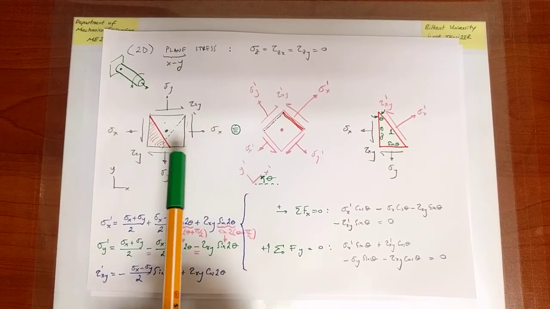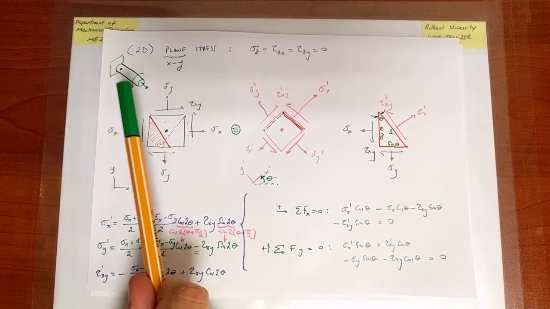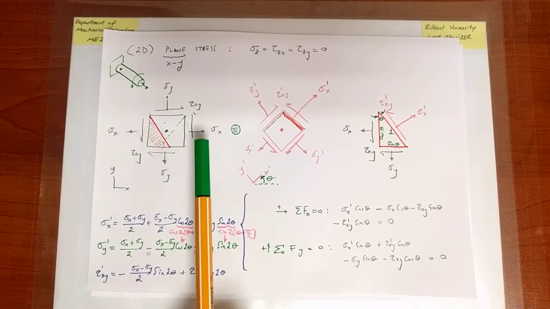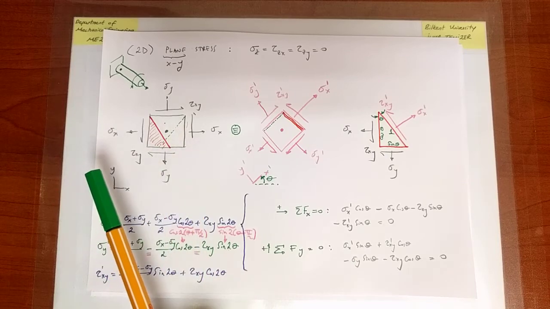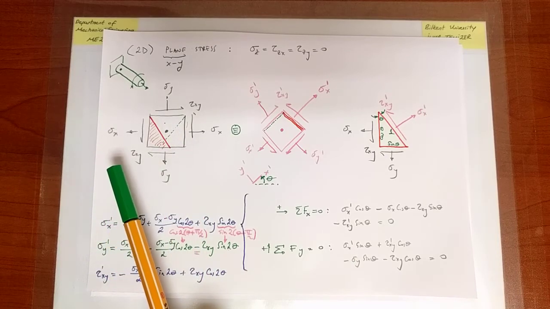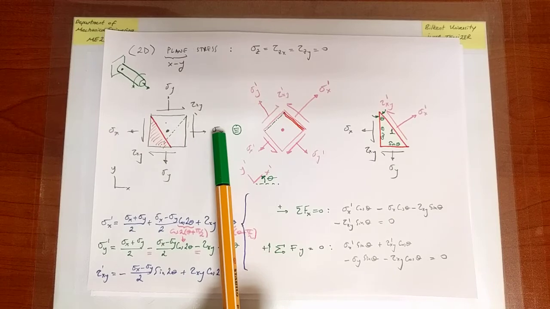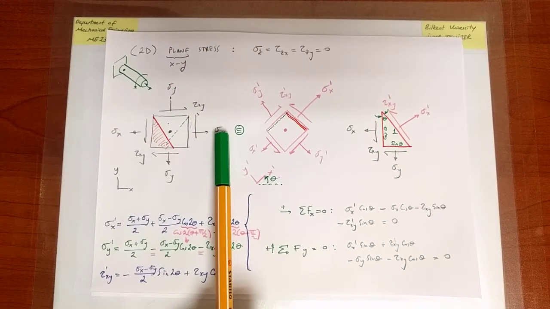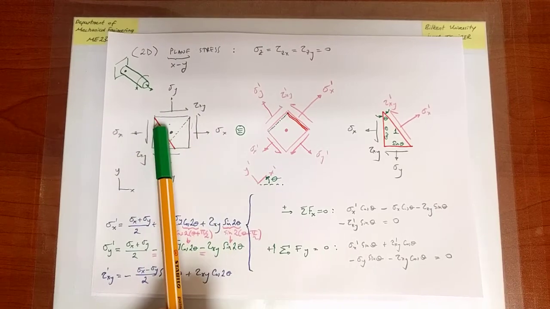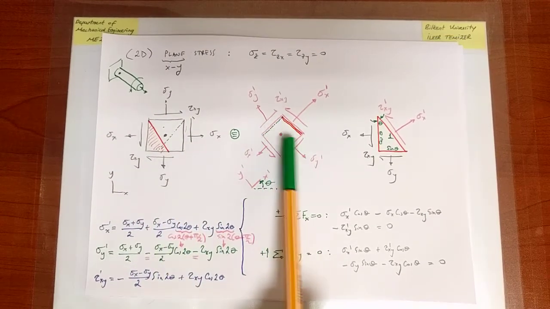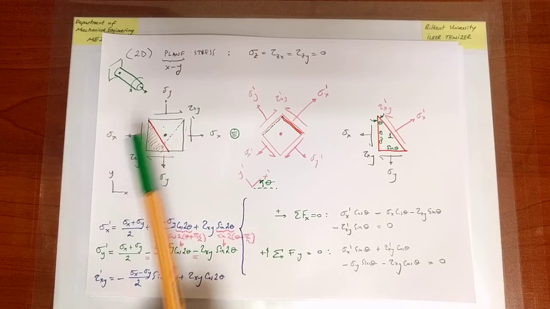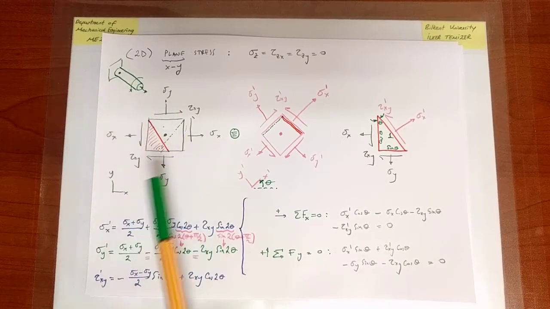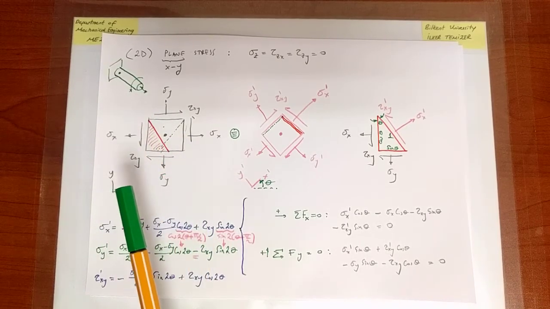Alternatively, I could have a brittle material, and that point could be critical because the normal stress is going to exceed some critical value. Now, if on that picture sigma x, say, is less than that critical value, it doesn't mean this is a safe point, because if I take different cuts, different orientations, there might be a surface going through that point on which the normal stress exceeds the critical value that the material can sustain, so I will have failure.